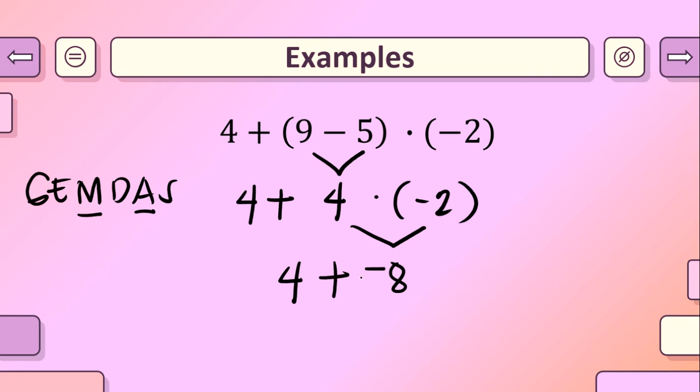So 4 plus negative 8, the answer is negative 4. Our answer to this given expression is negative 4. If you do not follow the GEMDAS rule, you will arrive at a different and incorrect answer. So you should be very particular with the GEMDAS rule.